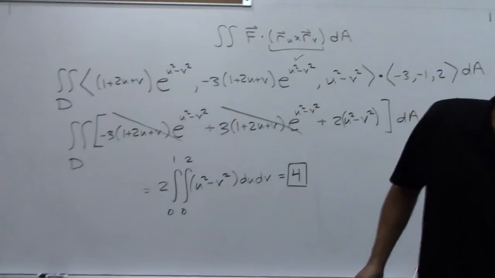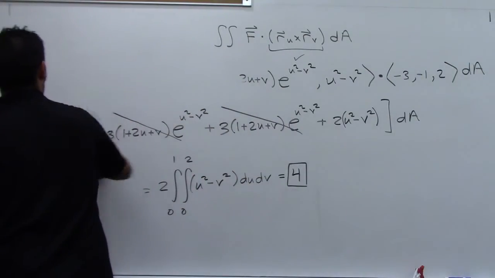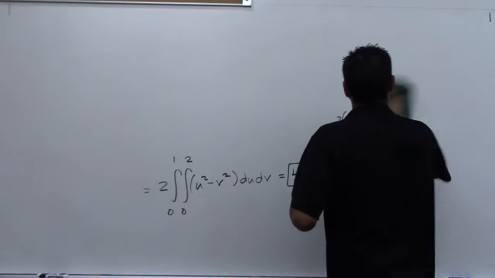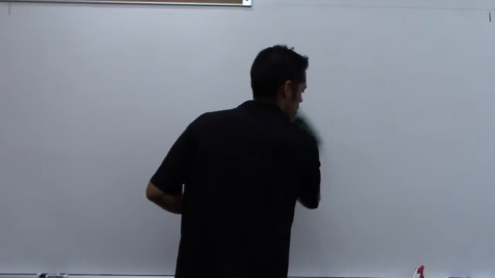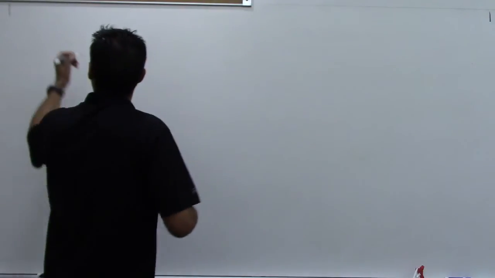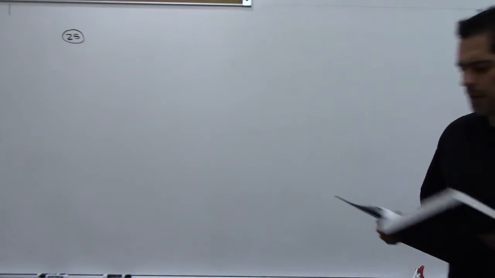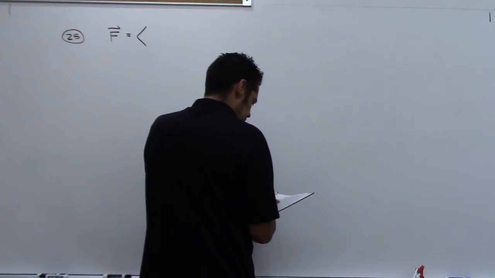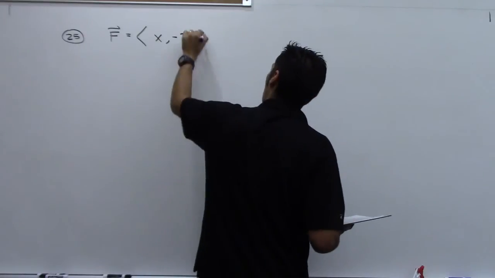Let's take a look now at number 25. So we have a vector field given here. It has the components x, -z, and y.